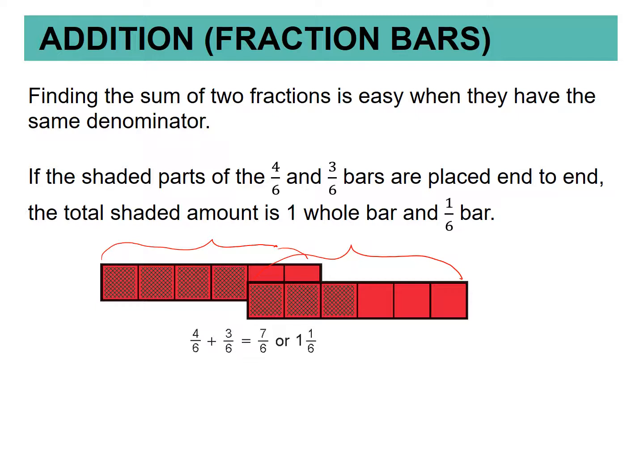We have 1, 2, 3, 4, 5, 6, 7, and these are each sixths. A common mistake would be to say that this would be 7/12ths. But these pieces are not twelfths of a bar. The pieces are only a sixth of the entire bar.